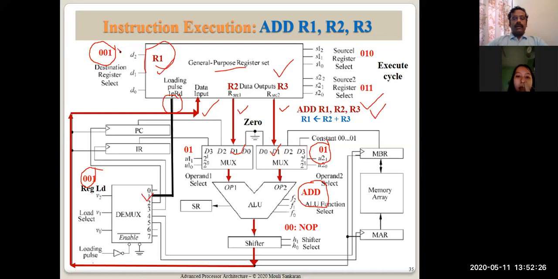So we generate these control signals, this 0 1, this 0 1, and the add function. We choose all these control signals so that this particular instruction gets executed, which is called microprogramming. This is done using microprogramming. I hope this is clear to you.